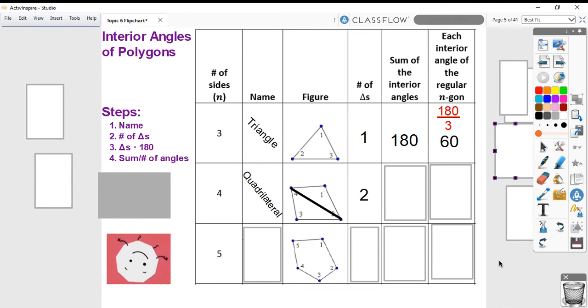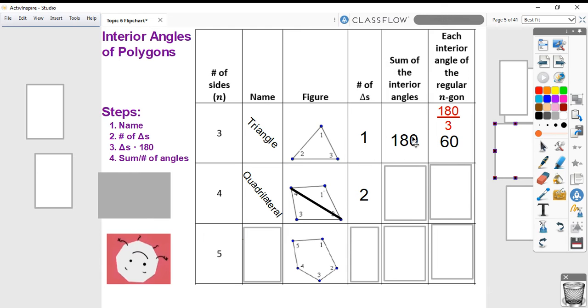So think about this. Every single triangle always has 180 degrees, right? And so that means the top triangle here and the bottom triangle here, both of those triangles' corners would always add up to 180. So if we added all of these degrees plus all of these degrees, that would give us all of the degrees for the whole thing.